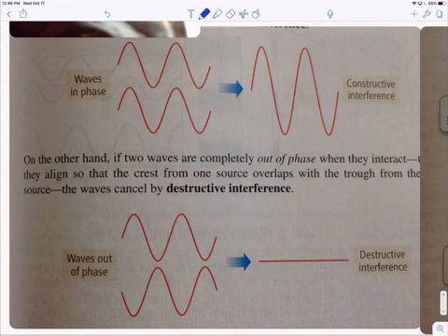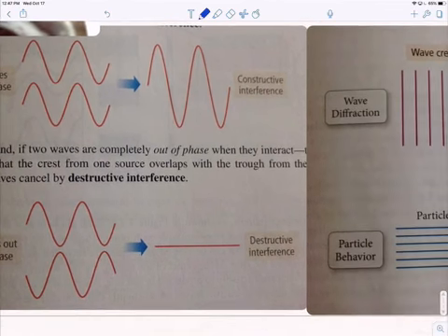It's usually destructive and constructive interference together. Constructive interference: if two waves are in phase, they will add to each other. And if waves are out of phase, they will cancel each other out destructively. But of course, it's usually something that happens altogether.